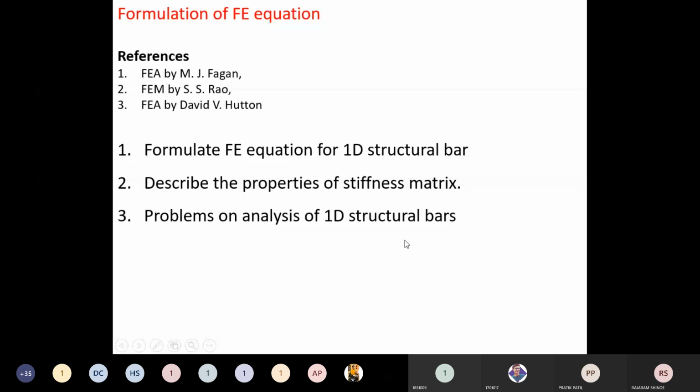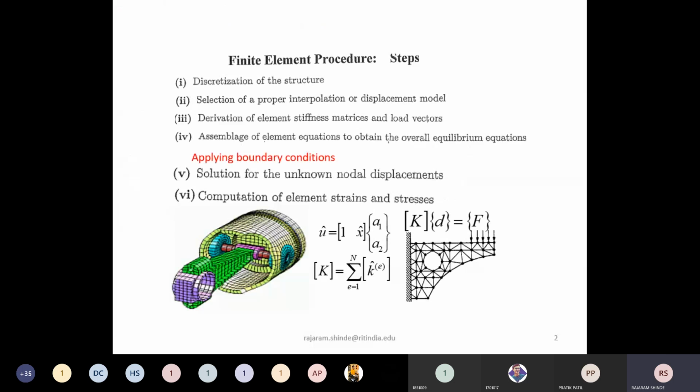Here are the steps of the finite element method, which we have already discussed. The first is discretization, next is selection of a proper interpolation polynomial, next is derivation of the elemental stiffness matrix and load vectors, next is assembly of the elemental equations to obtain the overall equilibrium equation, next is applying boundary conditions, solution for the unknown nodal displacements, and then computation of the elemental stresses and strains or further calculation.